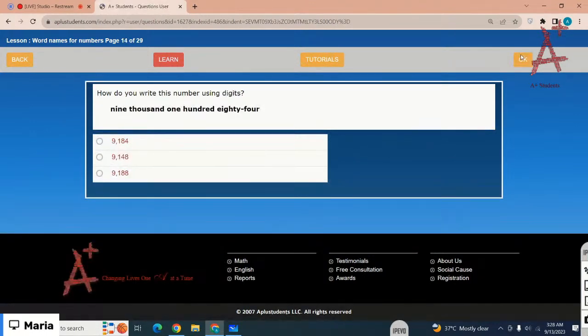How do you write this number using digits? That would be 9,148. So, the second option is the 84. Sorry. First one is the correct option. First one, not second. 84 it is.